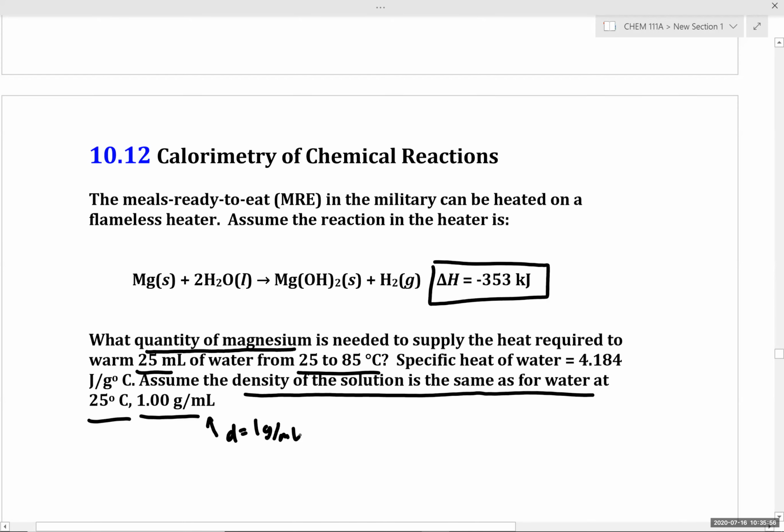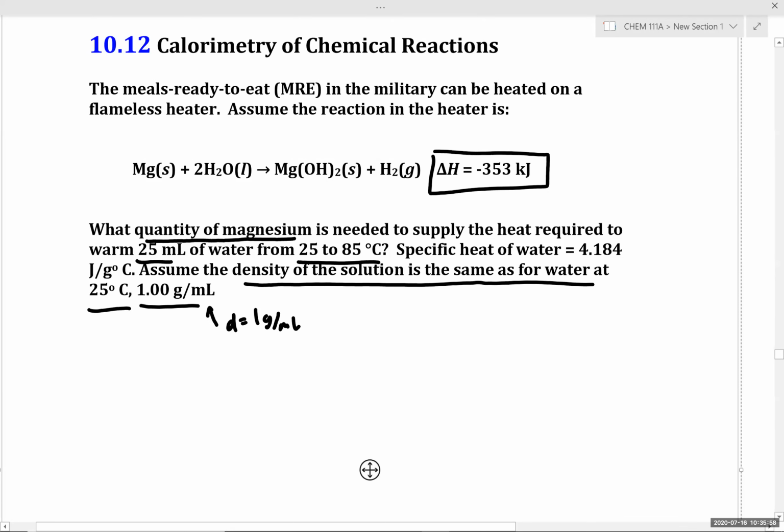Okay, so first and foremost, we need to think a little bit about what we need to do in this problem. Our end goal is to calculate the grams of magnesium. We're going to get that from the moles of magnesium, and we're going to get the moles of magnesium from the kilojoules associated with our reaction.